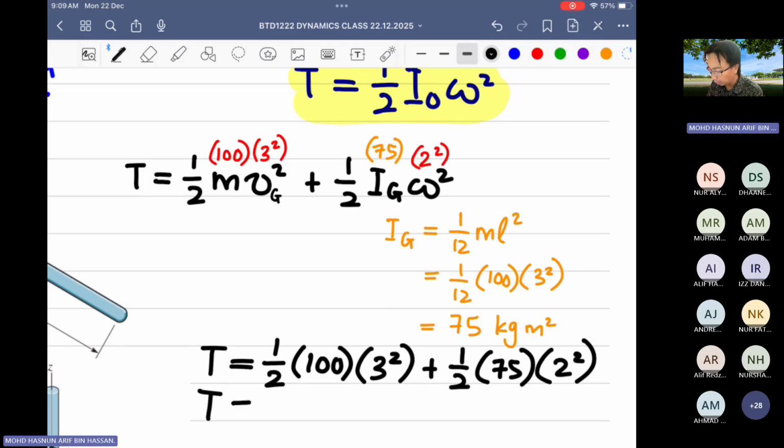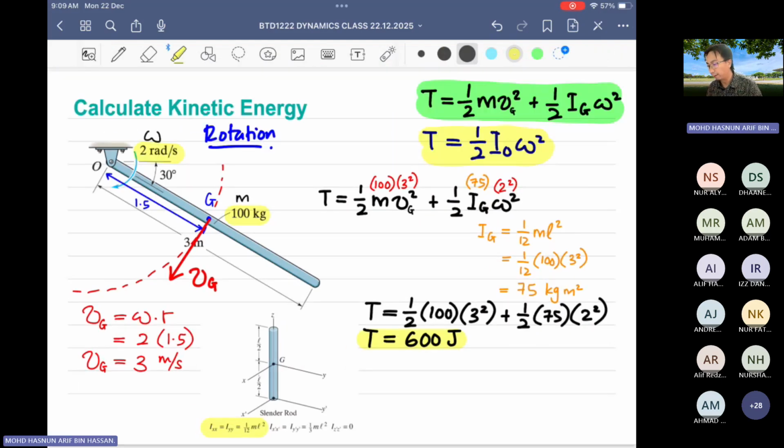Let's calculate it: 1 over 2 times 100 times 3 square plus 1 over 2 times 75 times 2 square. So you have 600 joules. The kinetic energy is 600 joules. This is the answer that we get by using the first equation.